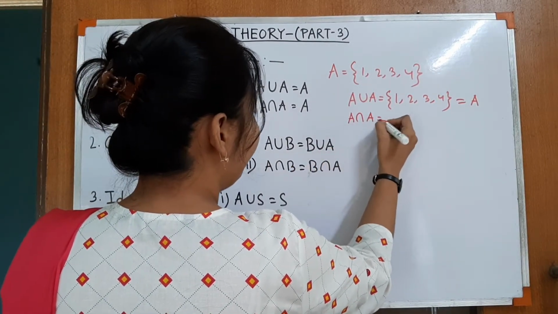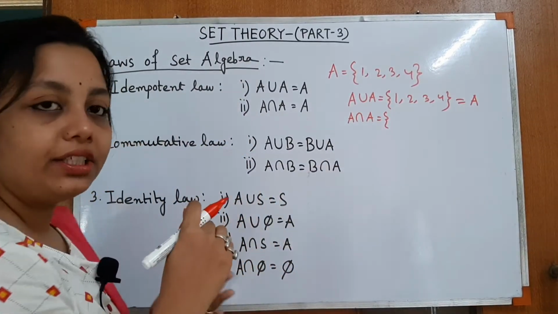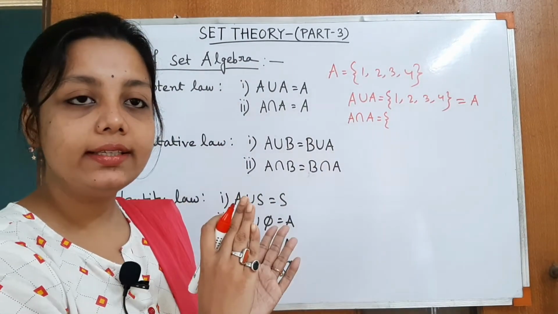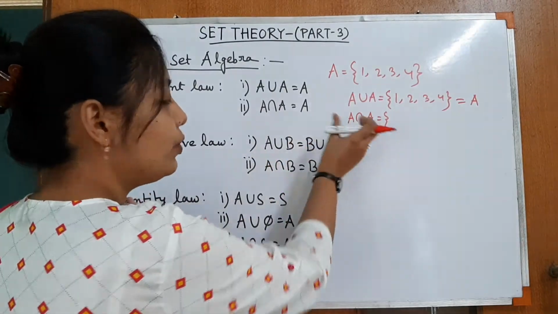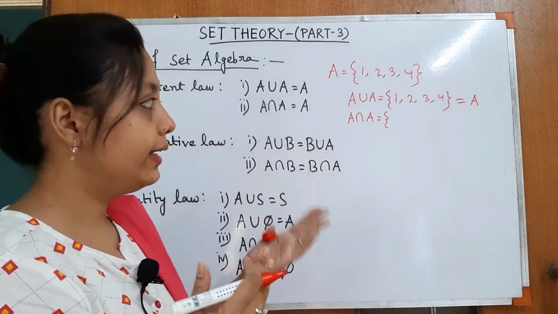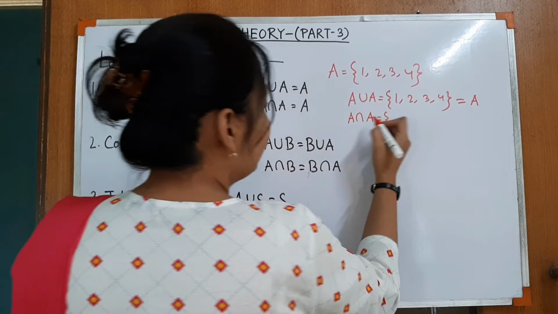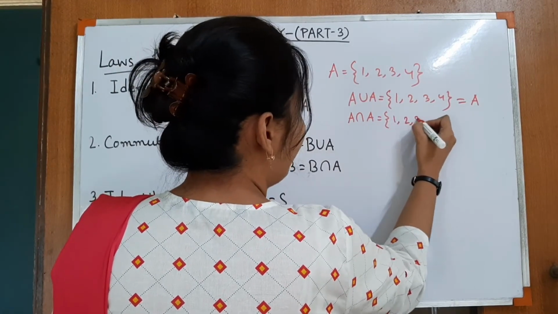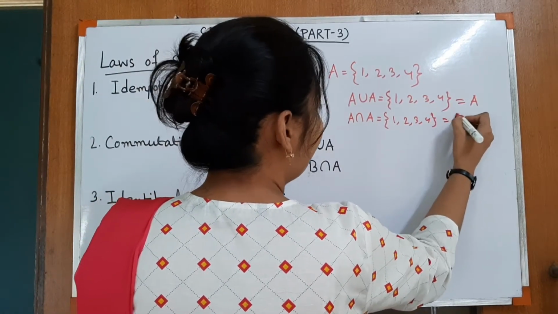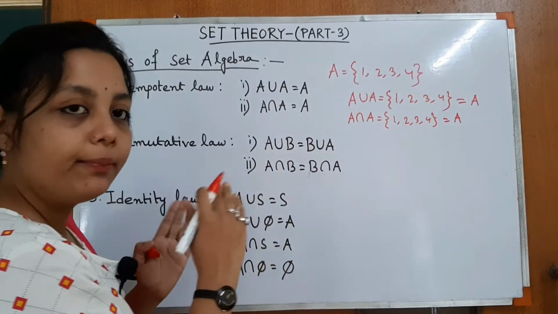Also, A intersection A means the elements common to the two sets. Here A is the set, so the common elements are 1, 2, 3, 4, which is equal to A. So it satisfies the idempotent law.